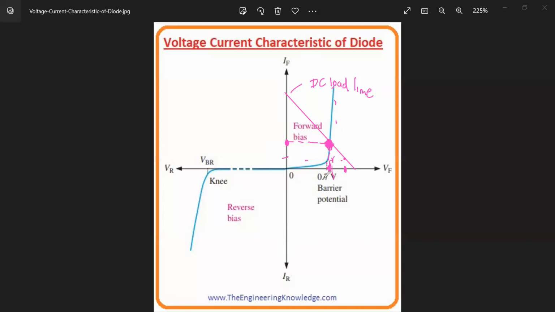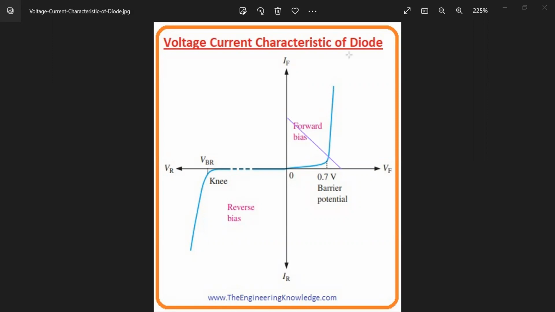We are going to say this is the voltage of the diode which is working. Let's say when it's working, you change the power supply voltage a little bit. If you reduce the voltage, we know that E over R is the intercept, so E over R will be reduced and the line is going to shift like this.